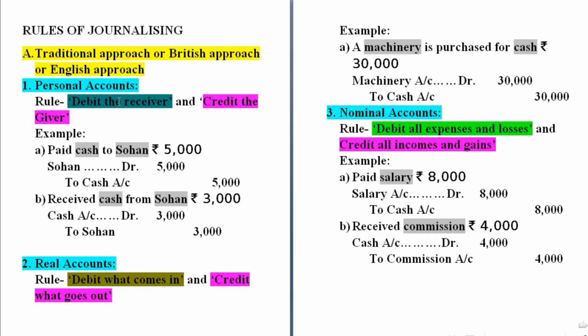Whenever it is outstanding salary, which is representing a particular personal account, it will become personal account. Then we have to follow the rules of personal account. But if there is no outstanding, there is no prepaid, only salary, then we will follow the nominal account.